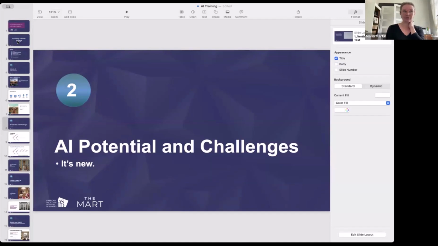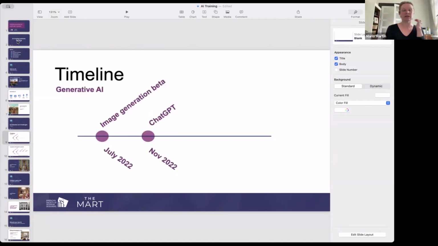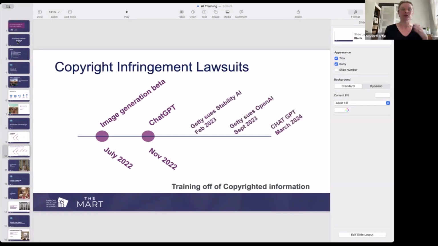So it is a new thing, and it started in 2022 and everybody was scared of it. But as it's been around, we're just kind of learning that it's having to use human input to create its output. And there's some copyright infringement that has happened amongst these tools because they're having to resource the information from somewhere.